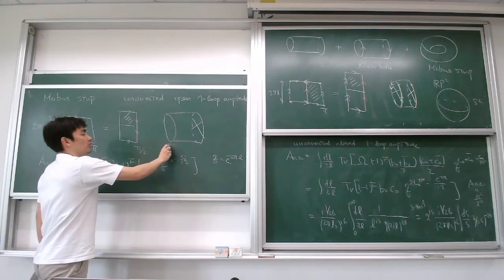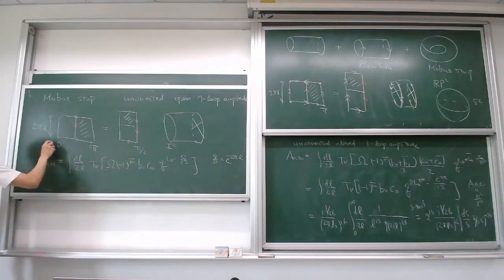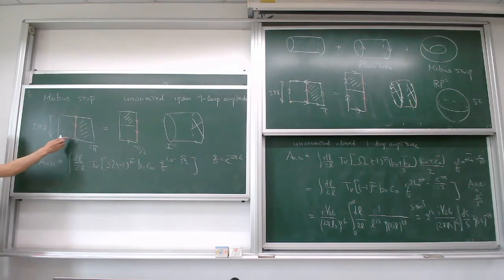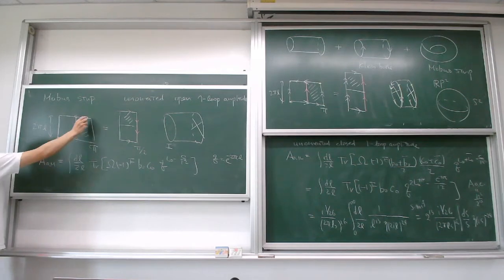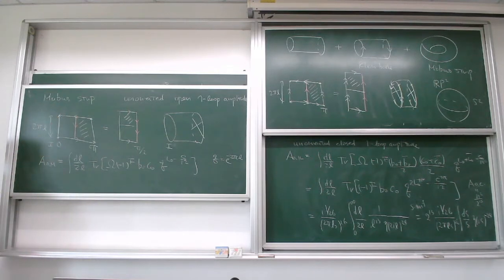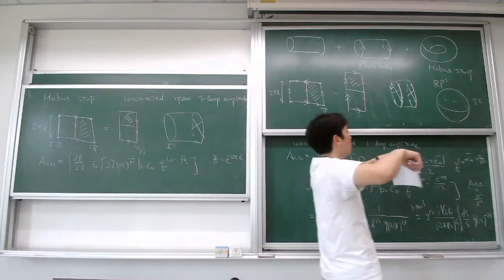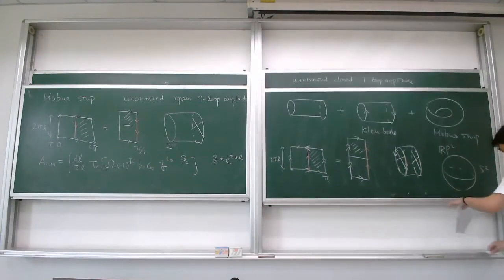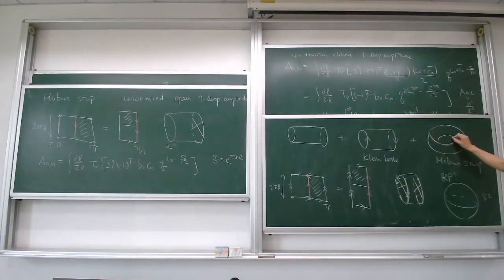Here you can just introduce Trumpet degrees of freedom I. So naively thinking, if this point is identified with this point, and this point is identified with this point, you can see that, right? So as you can see, the Möbius strip has only one boundary.